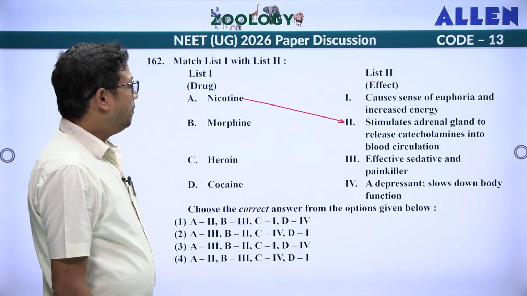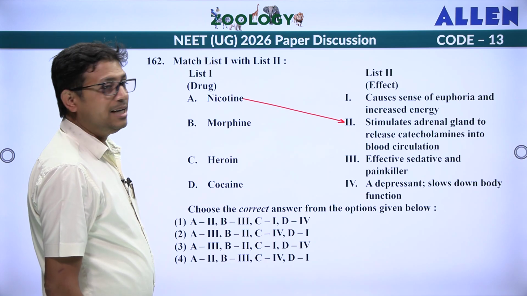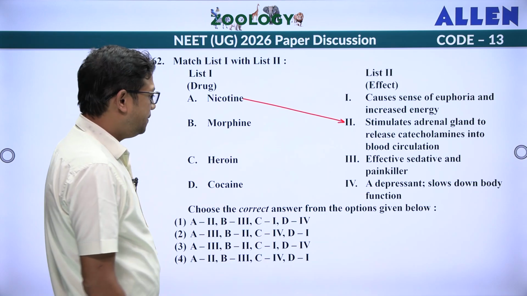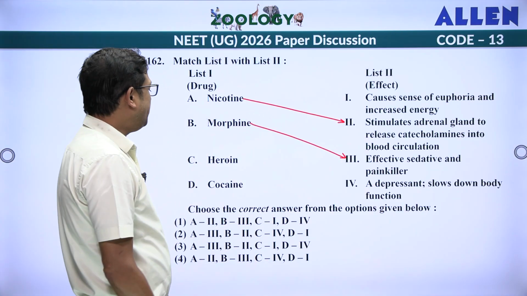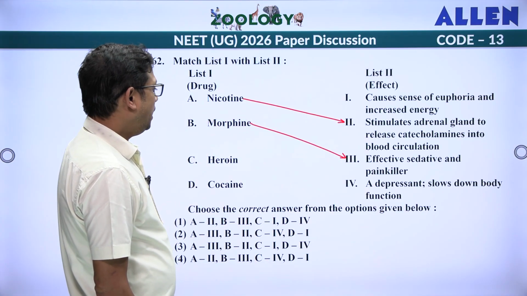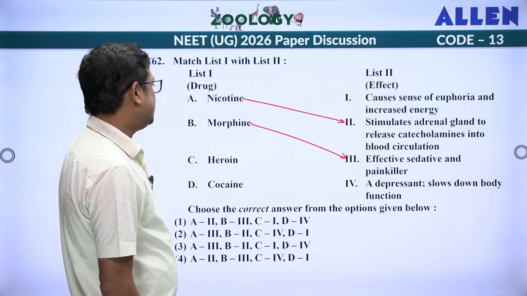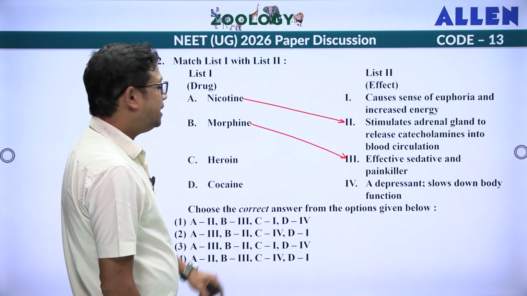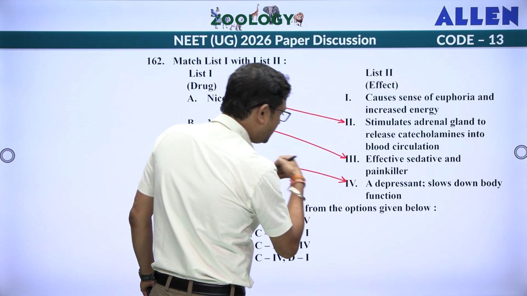Morphine is a sedative used as analgesic, painkiller. So B should be 3. Heroin. Heroin is also a depressant because it is diacetyl morphine. So depressant.